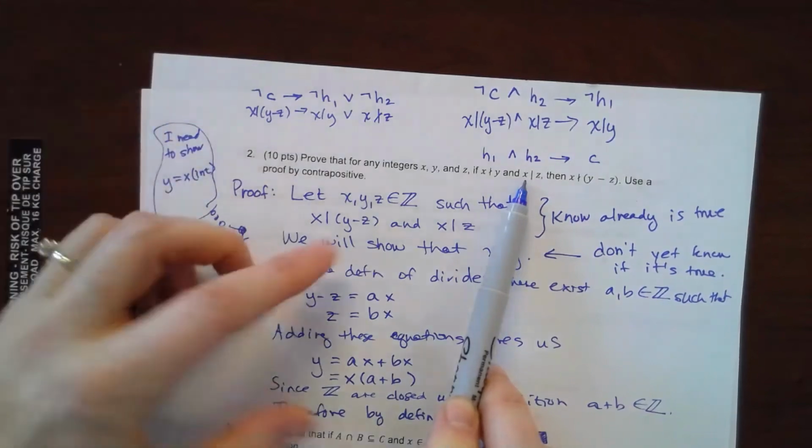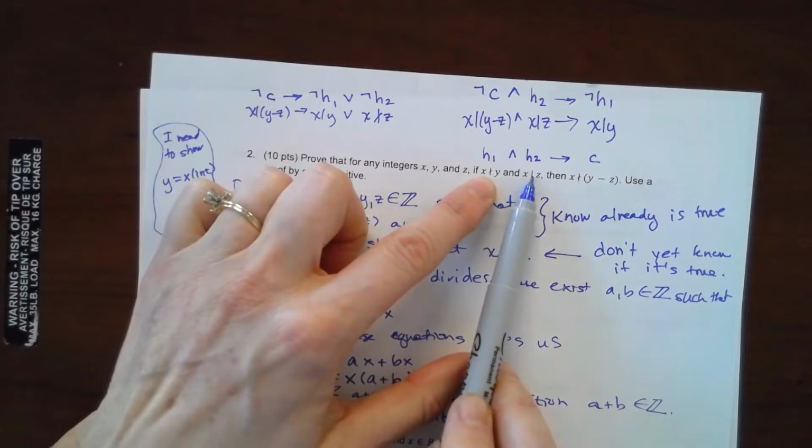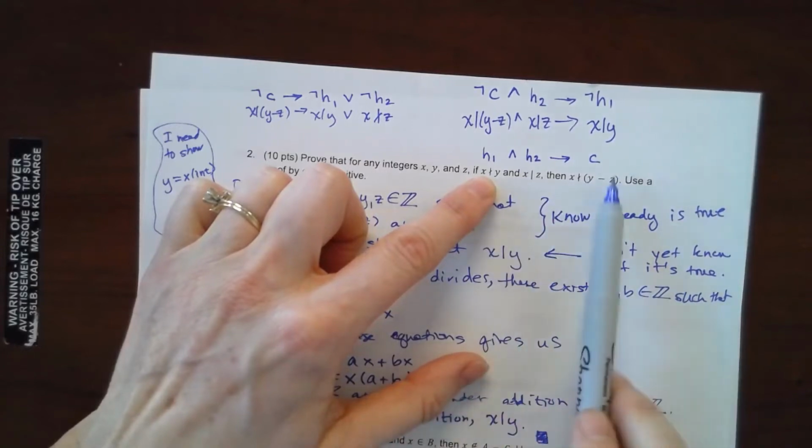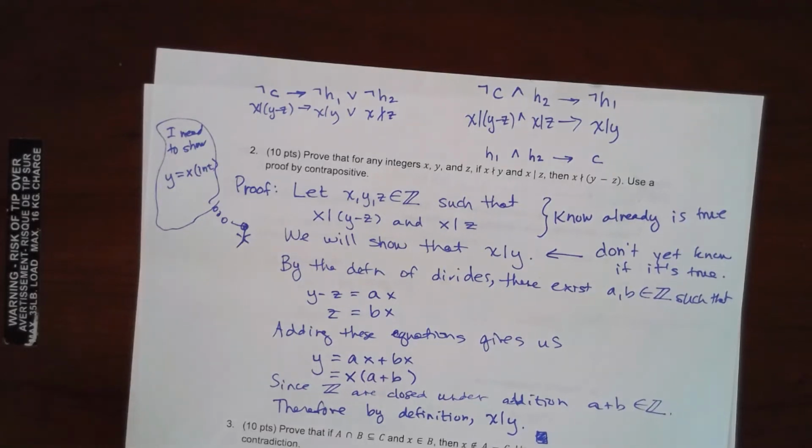But then again, we would have x does not divide y and x divides y minus z, then x does not divide z. And we have all those not divides still in there. So we try to do it in a way where we can get rid of all the not divides and just have divides. That way it's easy to think about.